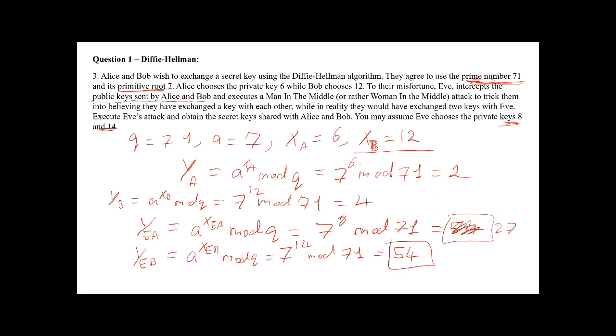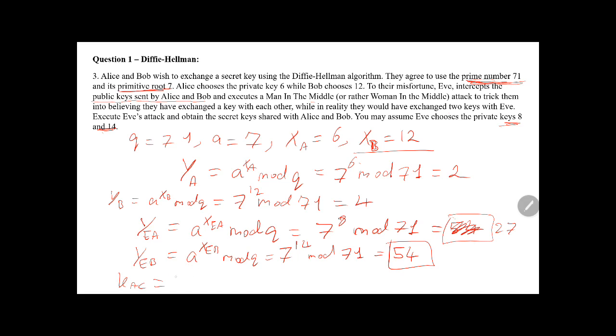Now, what we want to do is use these public keys to calculate Eve's common key with Alice and her common key with Bob. So, in order to calculate her common key with Alice, let's call it KAE, what we do is as follows.